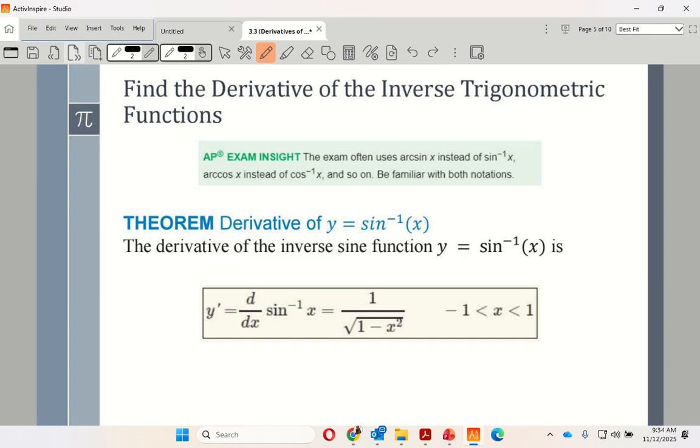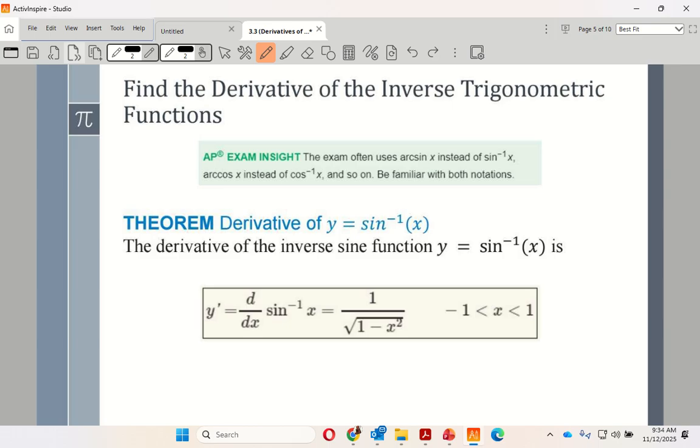So, derivative of inverse trigonometric functions. This is one of the ones you really need to try and know. The ones that are hit on the most are sine, cosine, and tangent. When you see these inverses, that's not a power, that's an inverse.